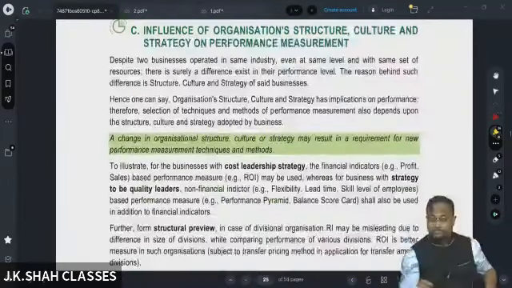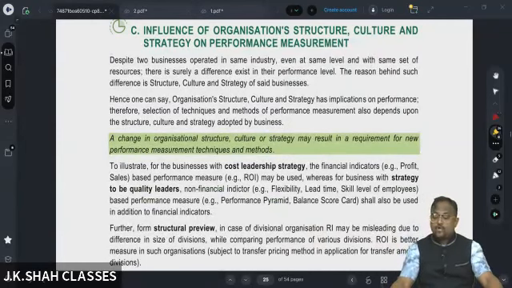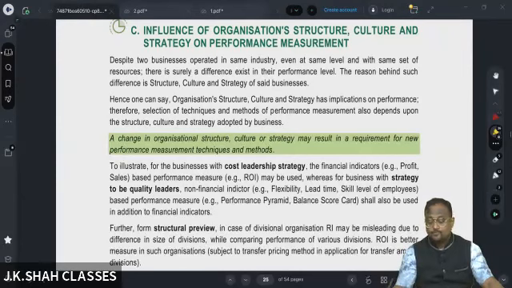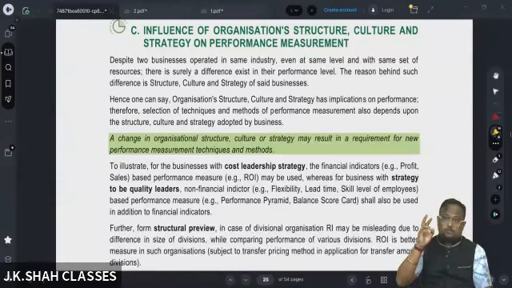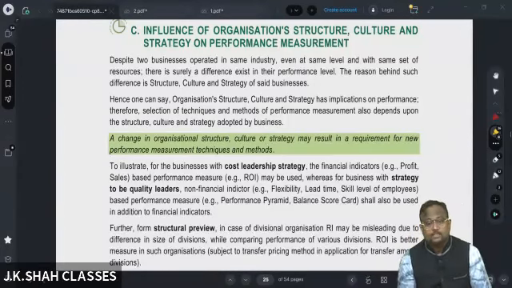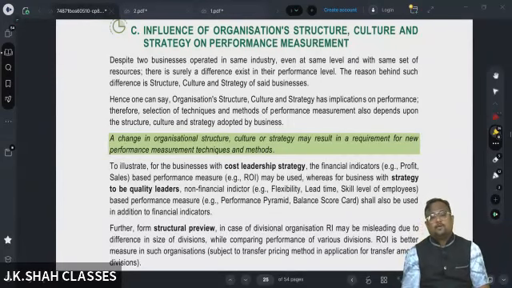चलो, the next part. Influence of organization structure, culture, and strategy on performance measurement. Now, see, when you talk about performance measurement, some organizations may have profitability as a parameter of performance evaluation.